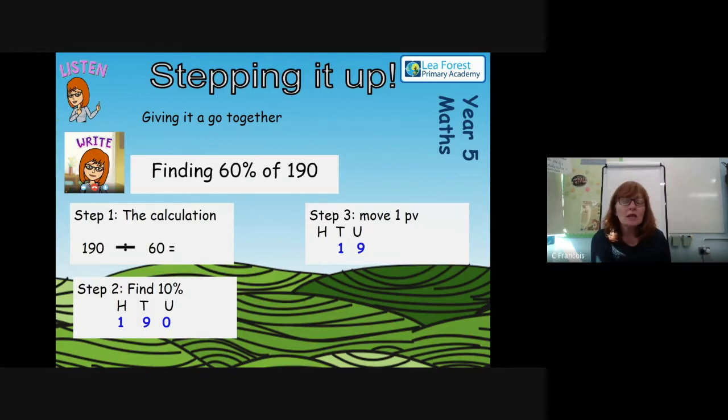So what I have now found 10% of 190. Who can tell me what I need to do now? Well done, Zach and Summer. You found 10%. And Sky, well done. Who can tell me what my next step is? Well done, John Paul and Caris.